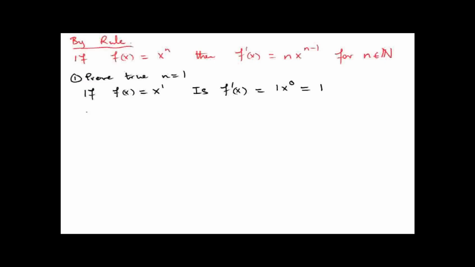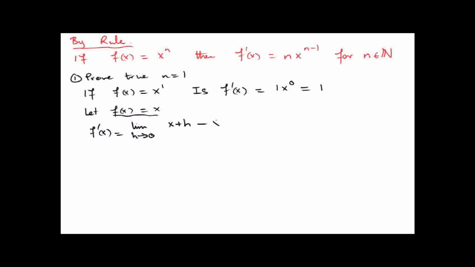So, let f of x equal x, because isn't that basically x to the power of 1? Isn't it? So f dash x, we know for definite from first principles, is going to be the limit as h goes to 0 of, what's f of x plus h if f of x is equal to x? x plus h.